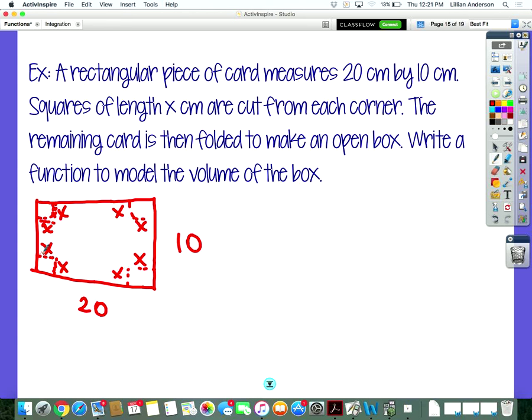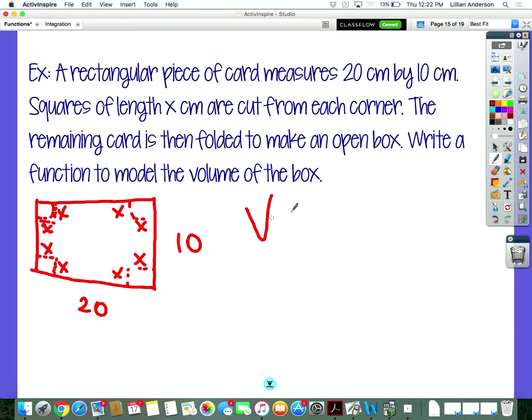Everybody following? All right. Since the remaining card is folded to make an open box, if I cut off those corners, I'm able to fold up 2 sides, fold up the other 2 sides, and it's going to make a box where those 2 edges touch each other. Write a function to model the volume of the box.